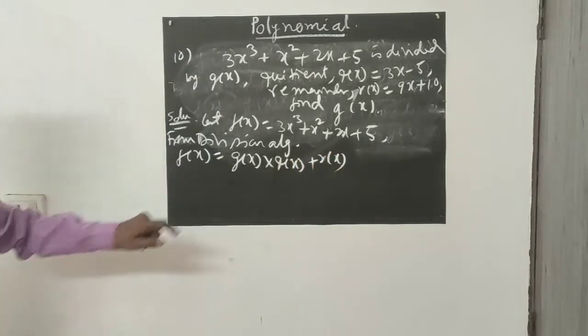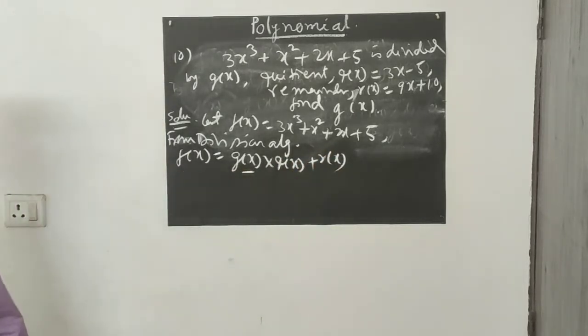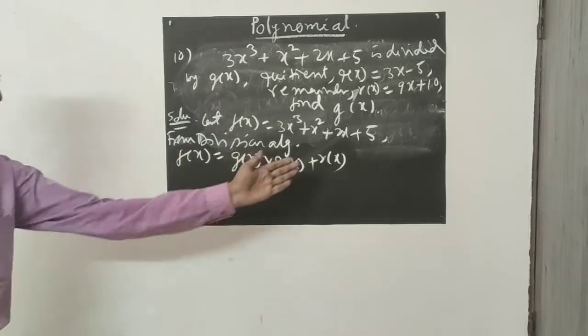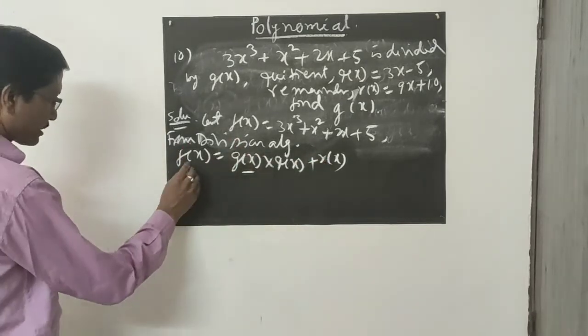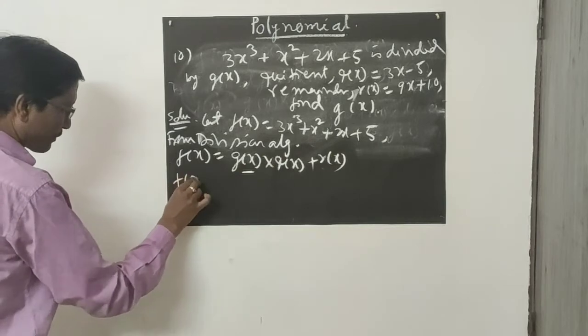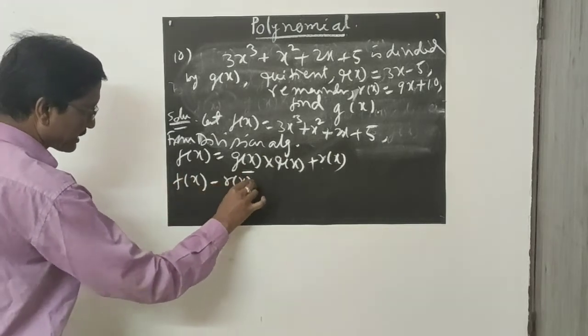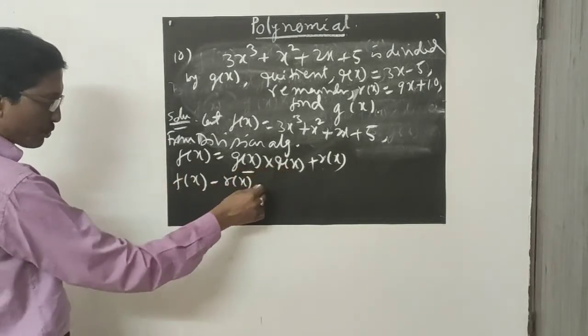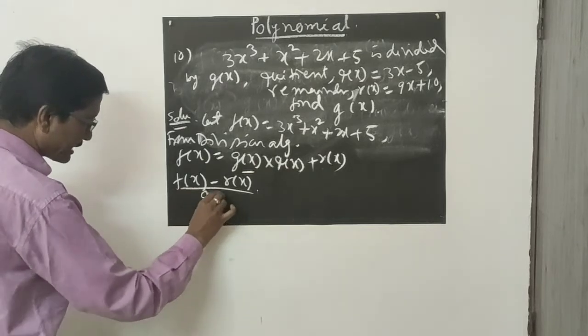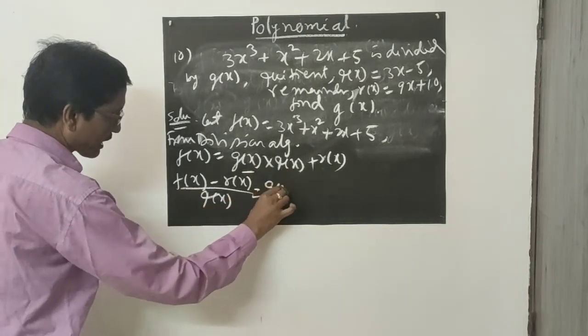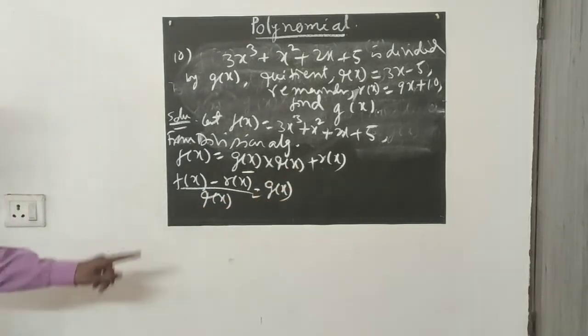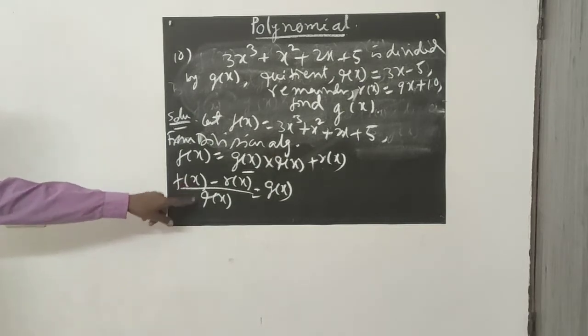Here you have to find g(x), so that should be on one side and the rest taken to the other side. So first, taking r(x) across, f(x) minus r(x) equals g(x) into q(x), or f(x) minus r(x) divided by q(x) equals g(x).